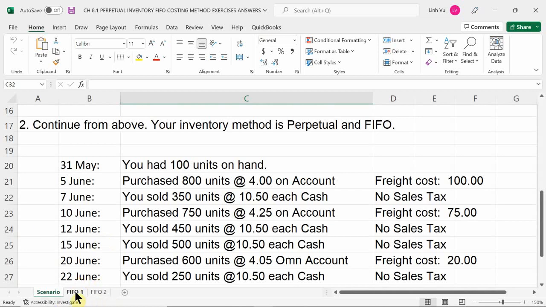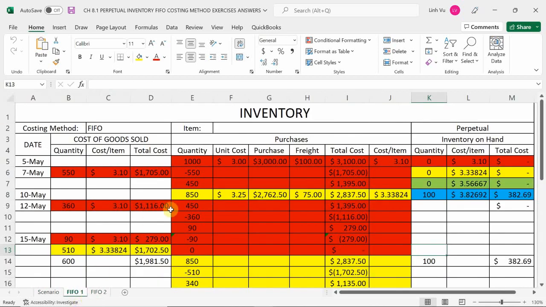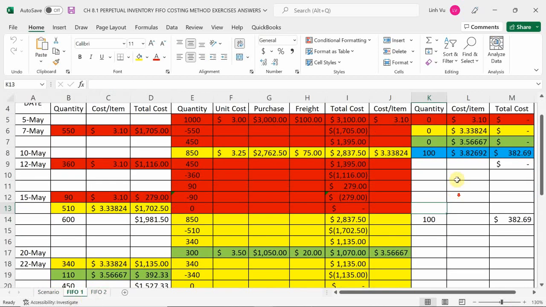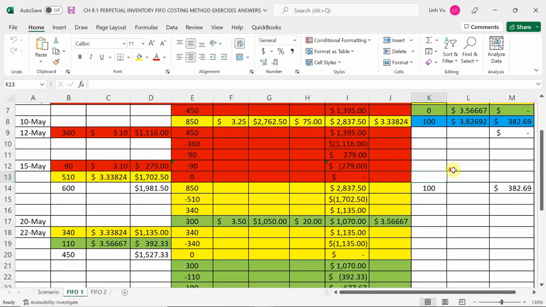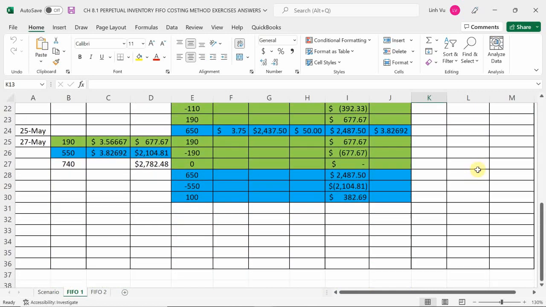Is that true? Yes, because we did have 100 left at 3.8269, giving me a total of $382.69. When we did our entire calculations, we did end up with 100 units.